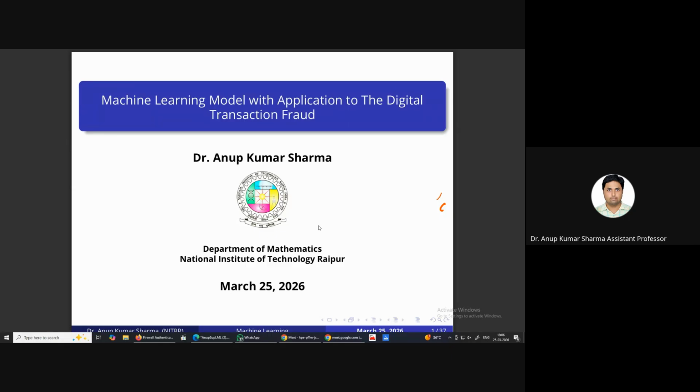By taking the example of digital transaction fraud, we can understand some things about using machine learning. So first, what is machine learning? By nomenclature we can understand: the machine is learning, just like our child is learning.